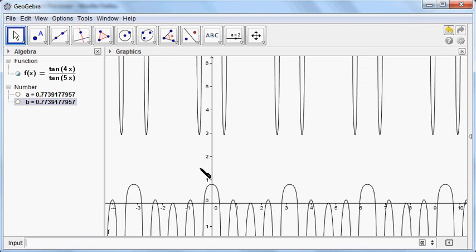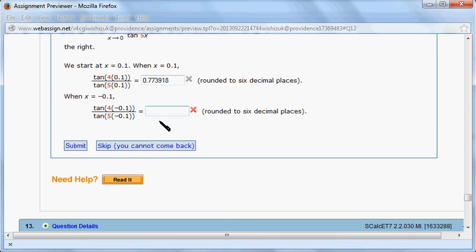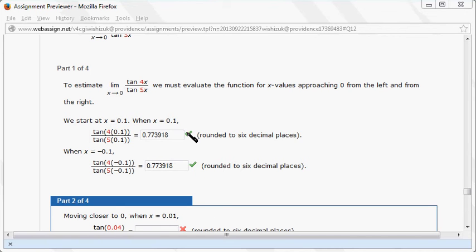Actually we get exactly the same value, so I'm just going to put it in. The value was 0.773918. Let's submit that. It came back and looks like we got these values correctly.